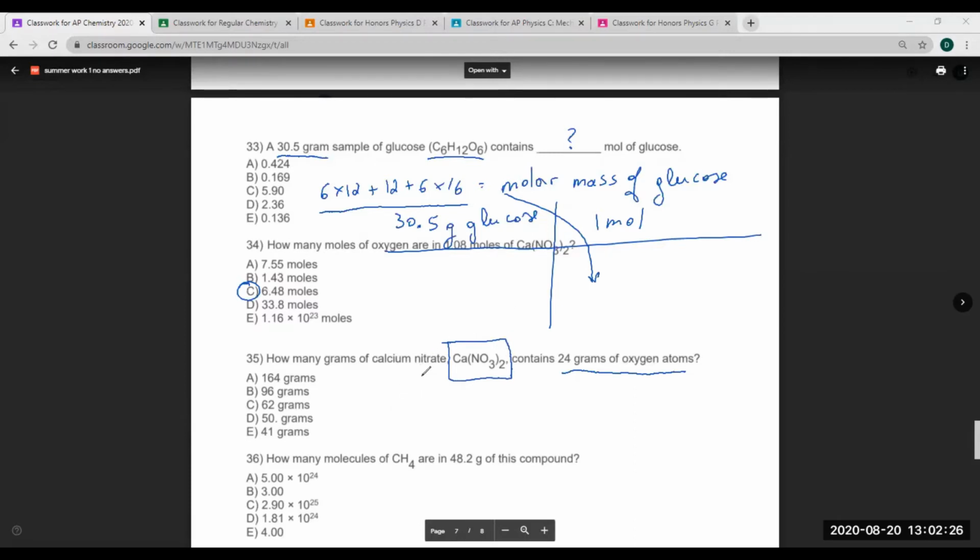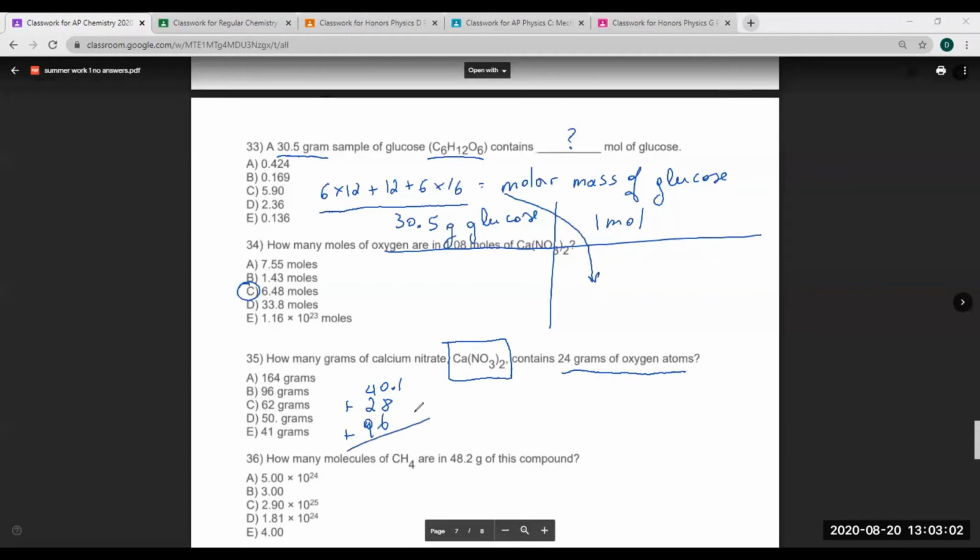First of all, let's calculate the molar mass of the calcium nitrate. We have 1 calcium, which has a mass of 40.1. So we have 40.1 for calcium, and 2 nitrogens, so 14 times 2 is 28, and we have 6 oxygens, so 6 times 16 is 96.